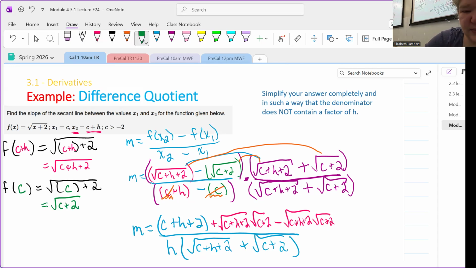And then at the end, from our last times our last, it'll be negative, and then the square root of c plus 2 times the square root of c plus 2 is the square root of c plus 2 squared. So let me write this one.